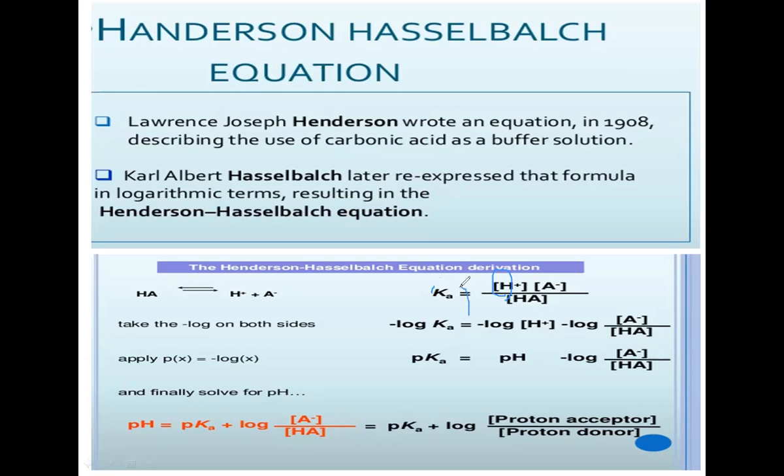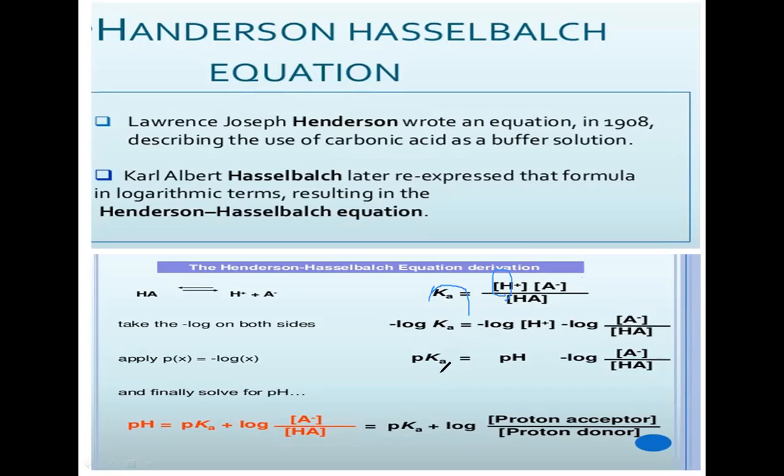So this is the Ka part. If we take the logarithm of both sides, log Ka is equal to log H plus plus log A minus by HA. Taking minus, minus log Ka equals minus log H plus minus log A minus by HA.